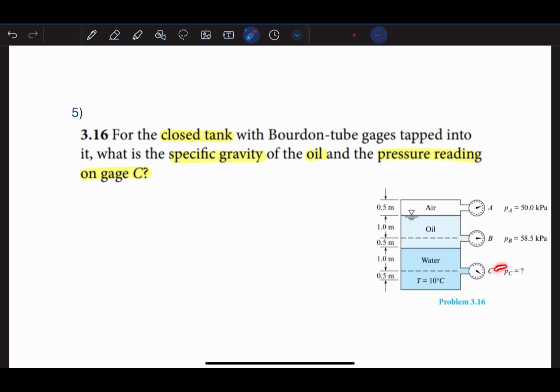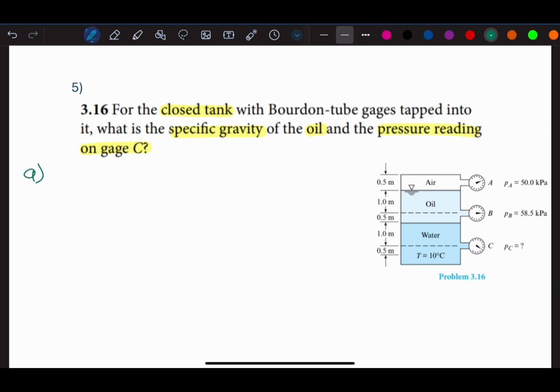And for example, for PC, it will have pressure above it. So we will consider all of these fluids and specific weights so that we can finally get pressure at C. So let's get started with the first question, which is specific gravity of the oil.